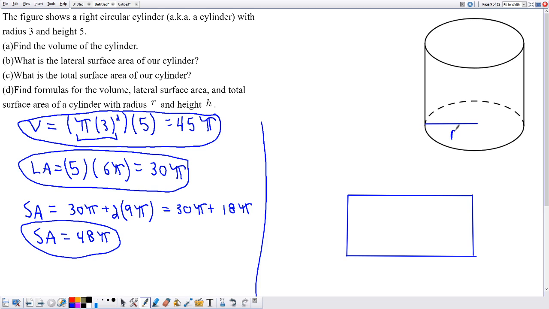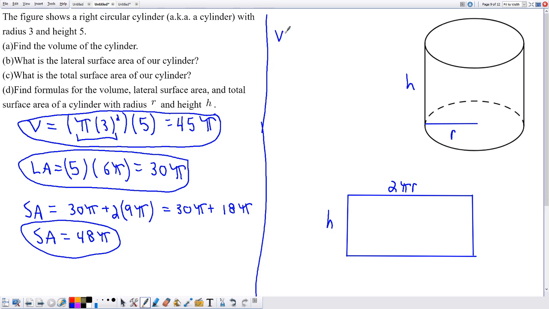So this is the radius, and this is our height. We know that when we unraveled the lateral area, we got a rectangle that had the height and the circumference as the top part, so 2 pi r.